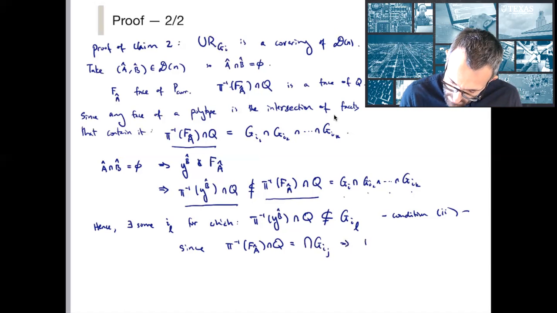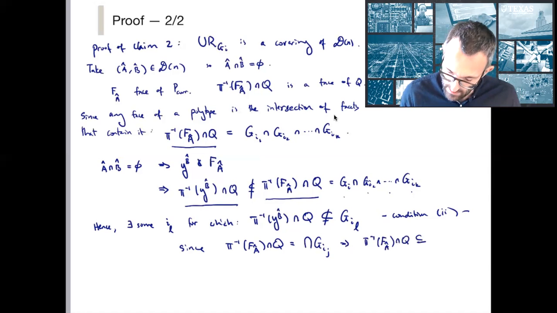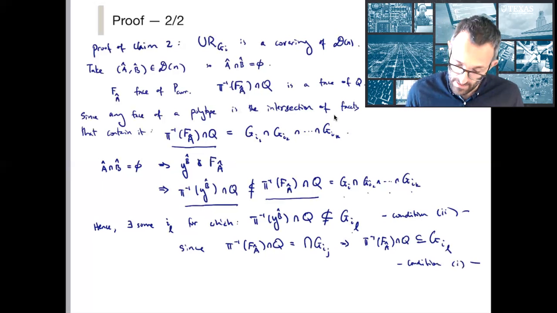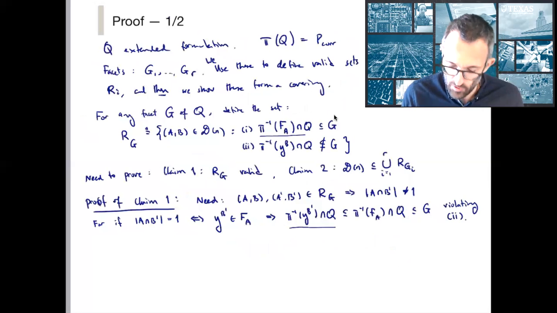This means that pi inverse of FA hat is contained in this GIL that we found. And this is condition 1. Let me flip back so we can see that. This is exactly condition 1.